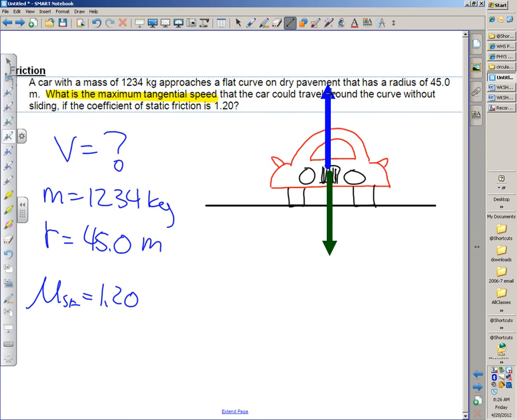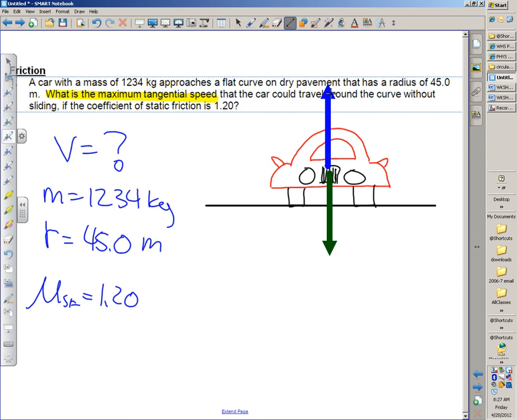It's going around the curve towards your left, towards my right. What would that mean about green and blue in this case? They cancel out. Is there any up and down acceleration? There isn't. Then there has to be one more force. If this object is making a right-hand turn, it would be towards your left. What else does there have to be here?